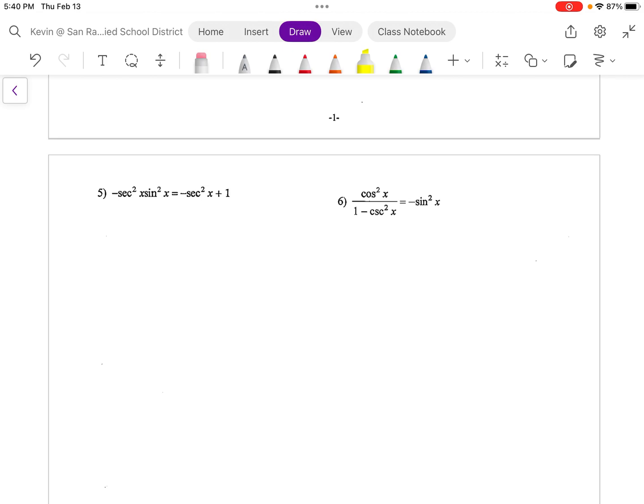We're going to make this side look like that side, just because it has a +1. Anytime you have a +1, that's the side we're going to make it look like. So let's use the fact that secant squared is 1 over cosine squared. So this would be 1 over cosine squared x times sine squared x.